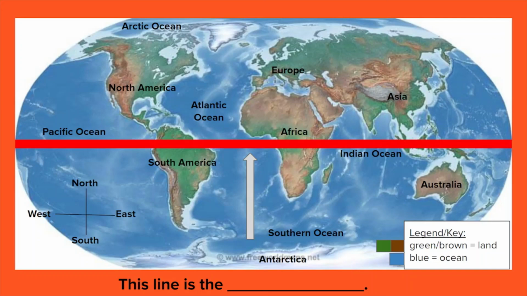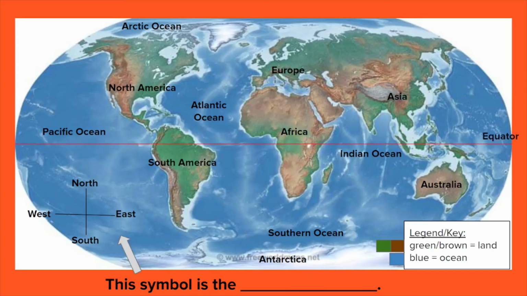This line is the... Estás buscando el nombre para la línea imaginaria en el centro del mundo. Equator. This symbol is the... Este símbolo es the compass with the directions north, east, south, west.